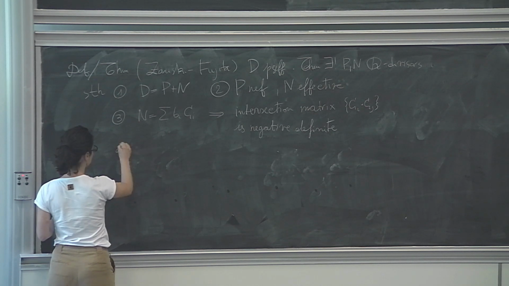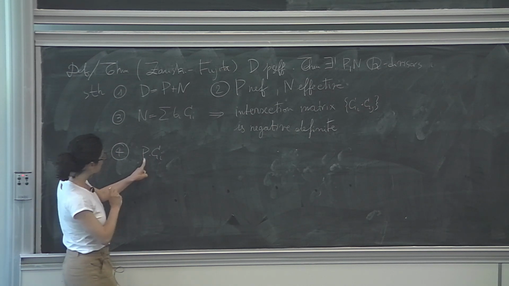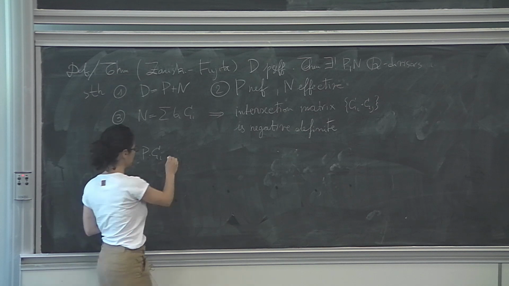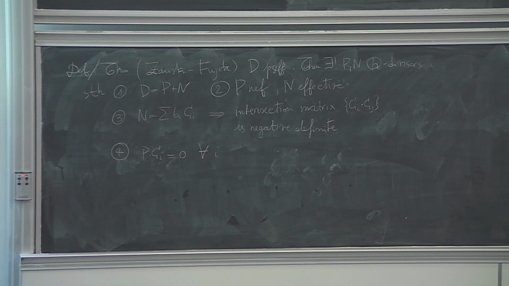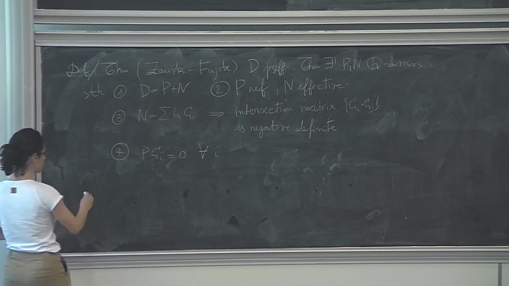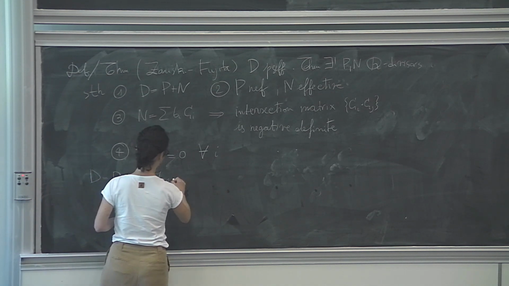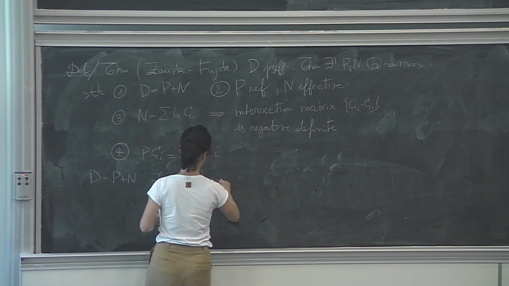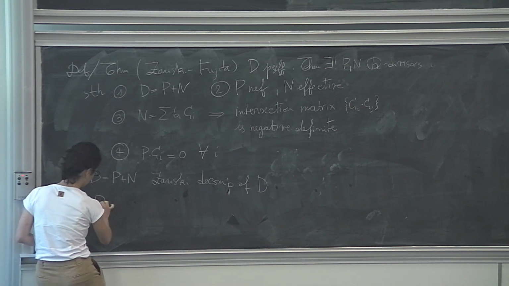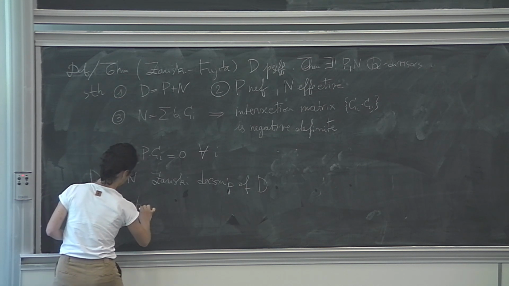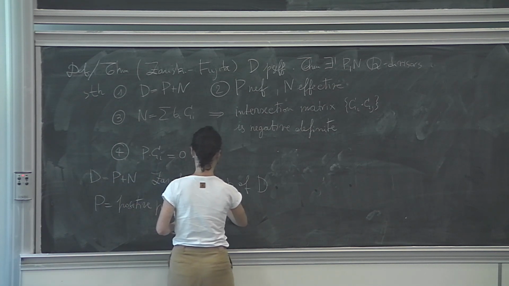And then 4, the intersection product of P and every component of N is 0. Okay, and then the equality D equals P plus N is called Zariski decomposition of D. And P is called the positive part, and N the negative part.